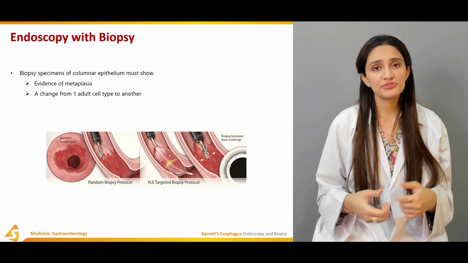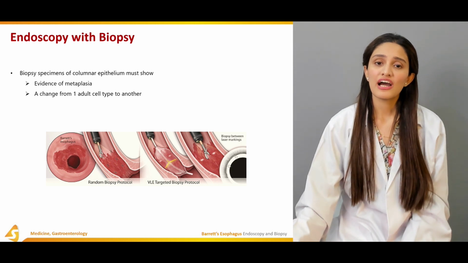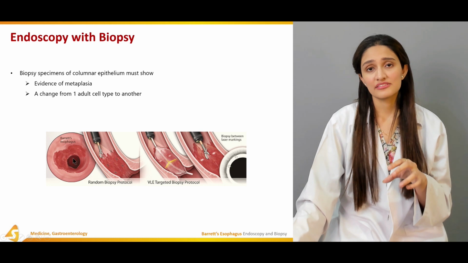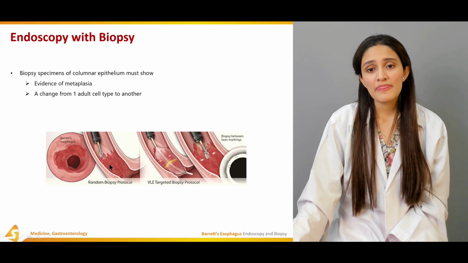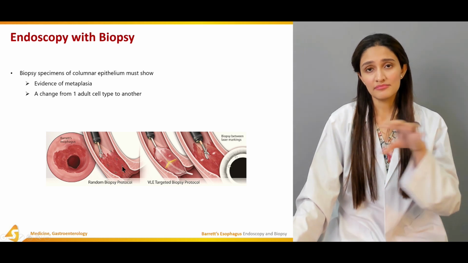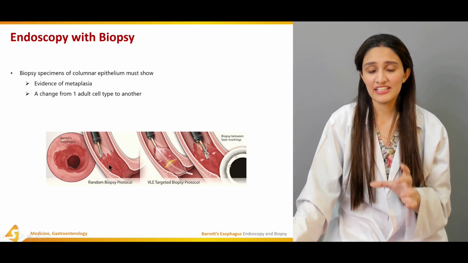So you'd be asking, how do we actually take a biopsy sample? This is the endoscopic view that the endoscopist sees. He inserts the endoscope, and there are these laser markings that are present where the Barrett's esophagus is present.